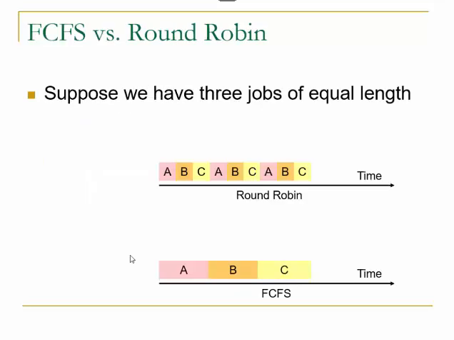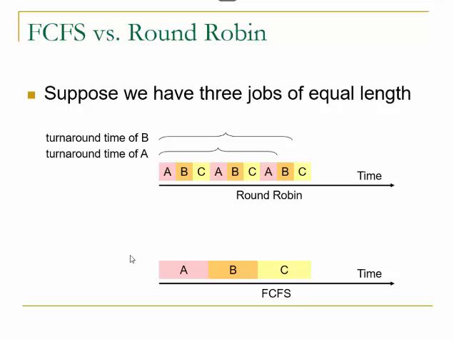Then first come first serve versus round robin scheduling. Here you can see the turnaround time of A, B and C. In round robin, the turnaround time of a particular process may increase, but they get a fair chance to be executed. Response time here is very much less than in first come first serve scheduling.